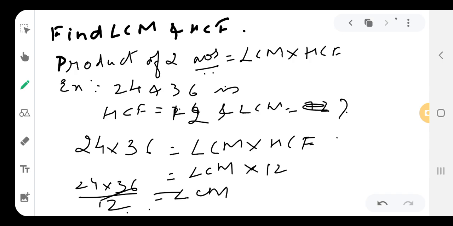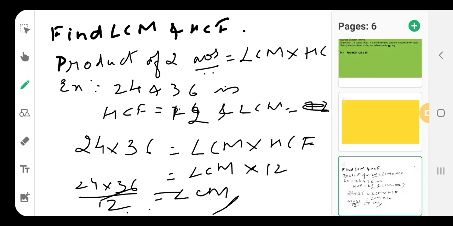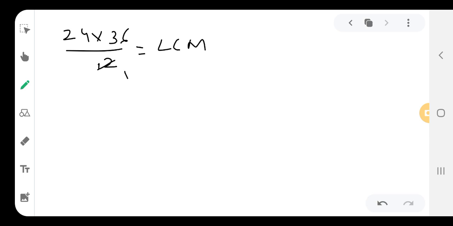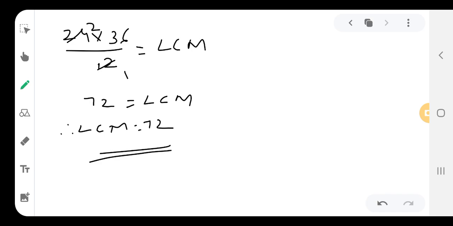So when we use this formula, we can get HCF or vice versa. If we want HCF, then we can take the LCM value again. So 24 into 36 divided by 12 is equal to LCM. So 12 1s are 12, 12 2s are 24, and so LCM is 72. So this is the method for finding the LCM.